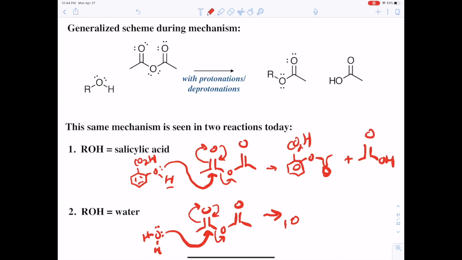We would have acetic acid on one side, but we would also have the leaving group. So we actually get two acetic acid molecules. This is the reaction that we do when we quench at the end. We add water, there's still the acid catalyst around, and any extra acetic anhydride reacts with the water and gets destroyed.